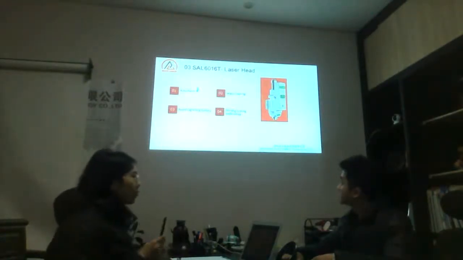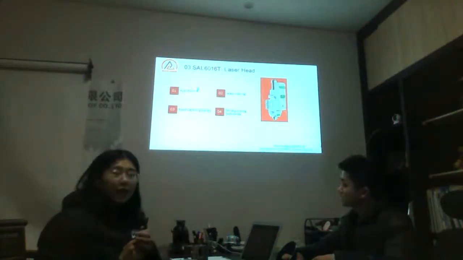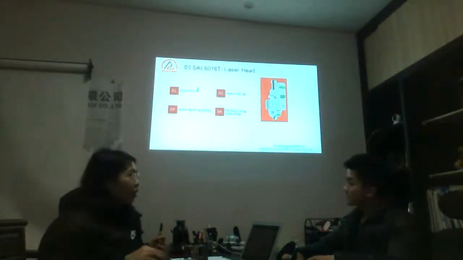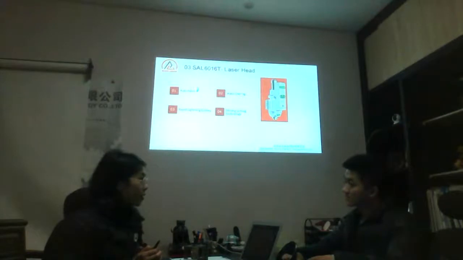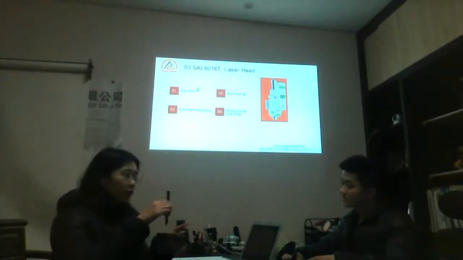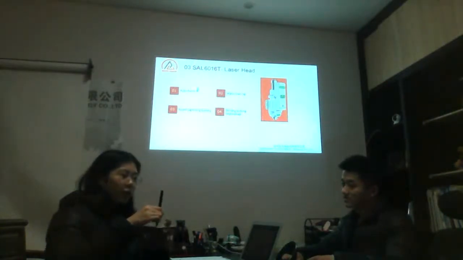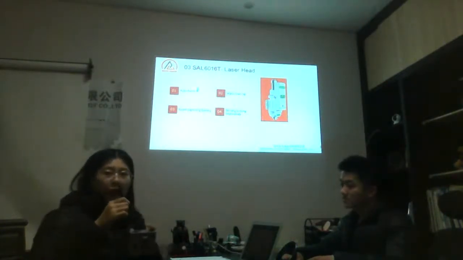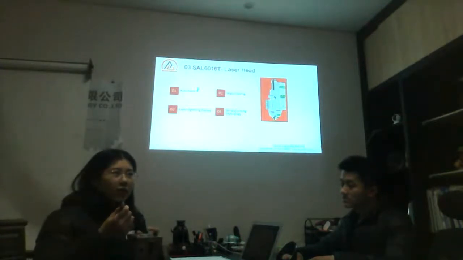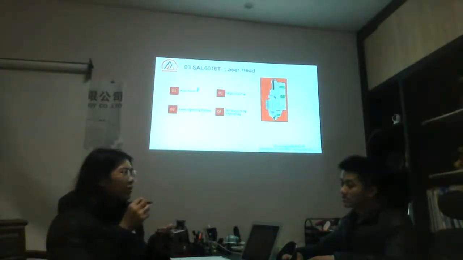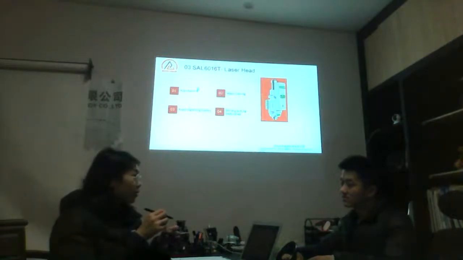And for the laser cutting machine working, we also have the water cooling system. Because when working, the temperature will be very high, or maybe sometimes there is some fire.